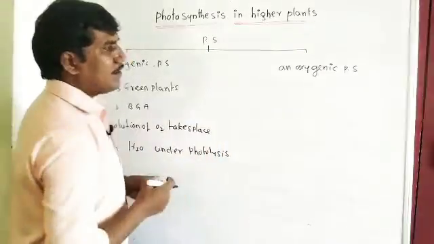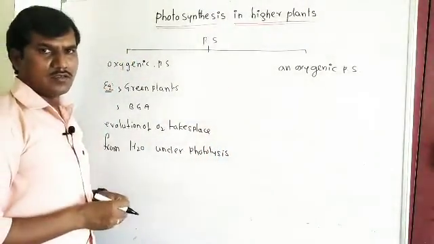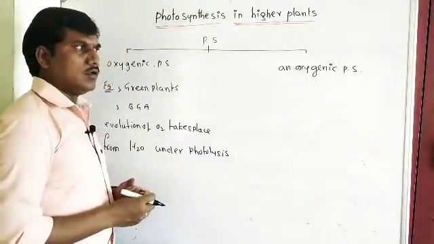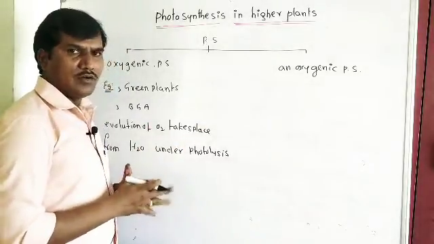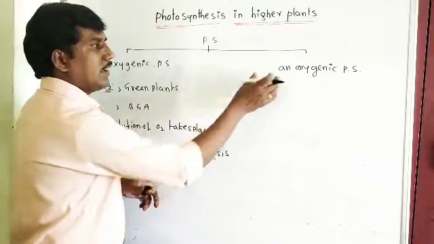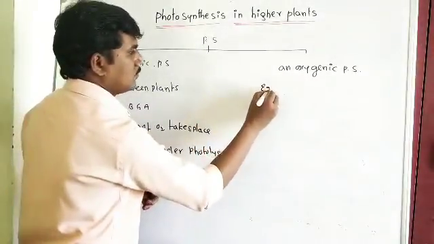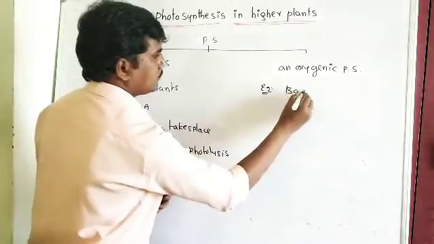Now coming to anoxygenic photosynthetic organisms. Those organisms that do not release oxygen during photosynthesis we call anoxygenic photosynthetic organisms. An example is bacteria.